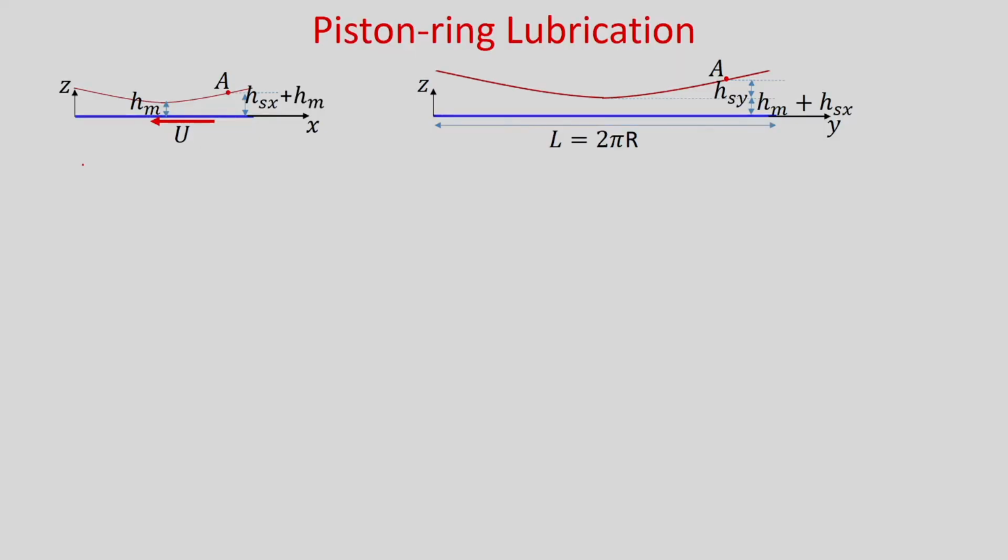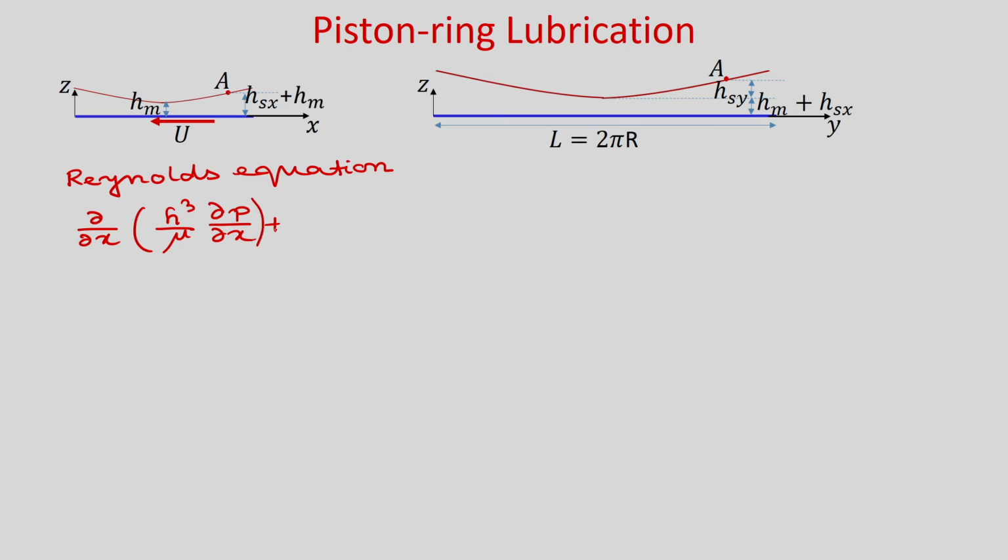For hydrodynamic lubrication we have del by del x of h cube by mu del p by del x, plus del by del y of h cube by mu del p by del y, is equal to minus 6 u del h by del x plus 12 del h by del t.